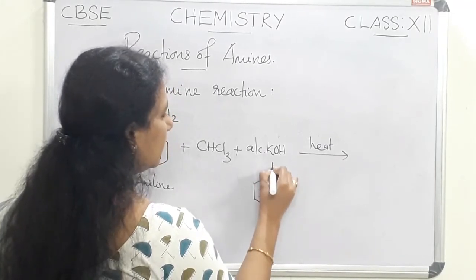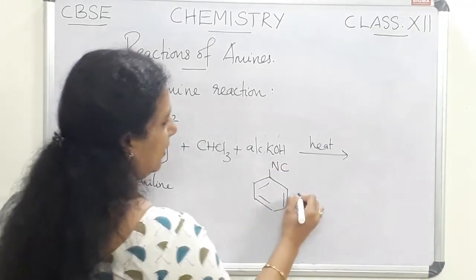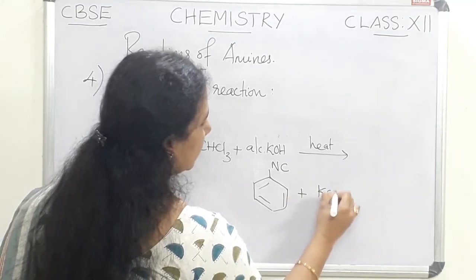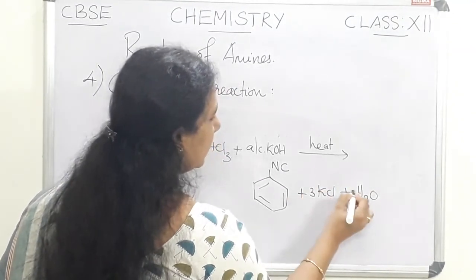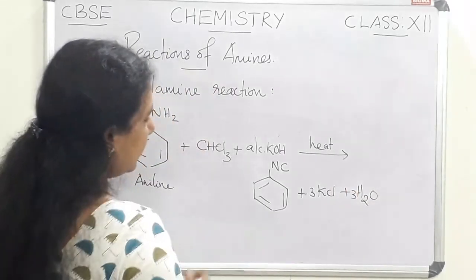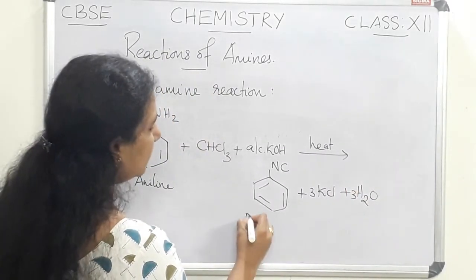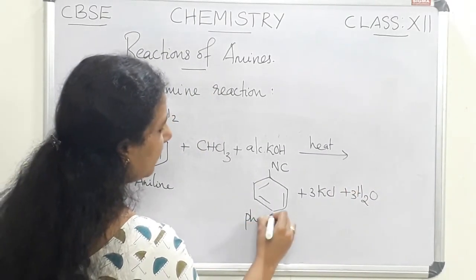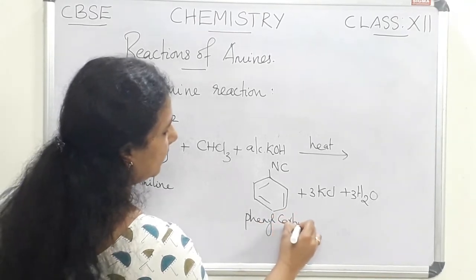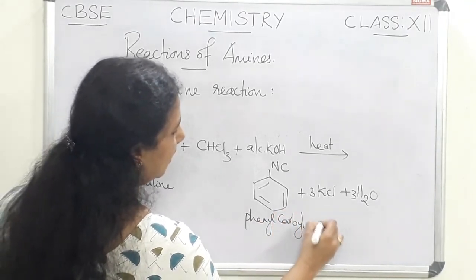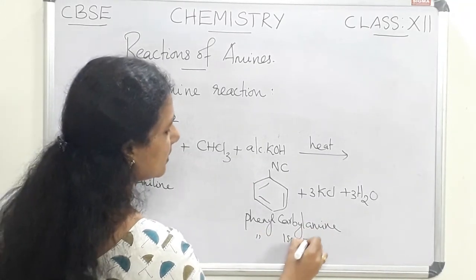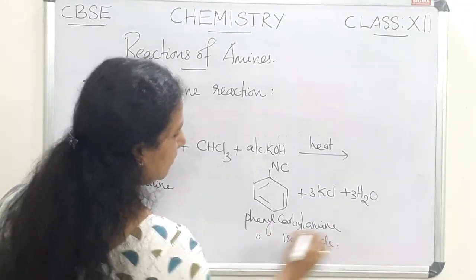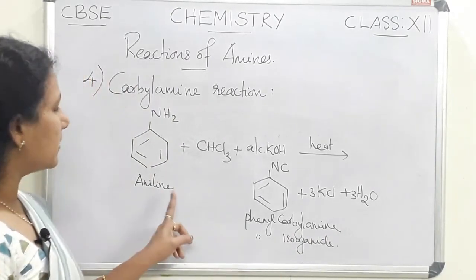Here the functional group is NC and the byproducts are 3 KCl and 3 H2O. This isocyanide or carbylamine is known as phenyl carbylamine or phenyl isocyanide. So this is the product in the case of aniline.